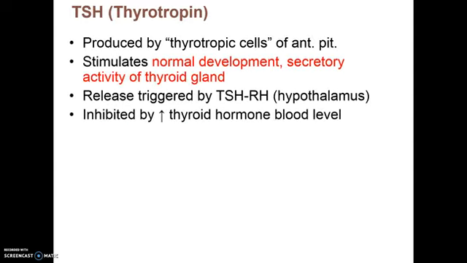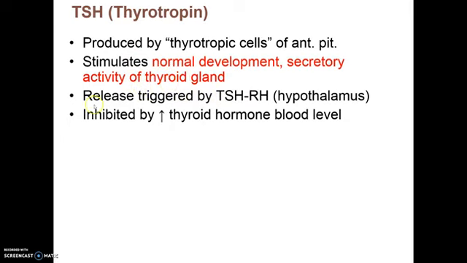Now, thyroid stimulating hormone. Thyroid stimulating hormone is produced by the thyrotropic cells of the anterior pituitary. It stimulates the activity of the thyroid gland.